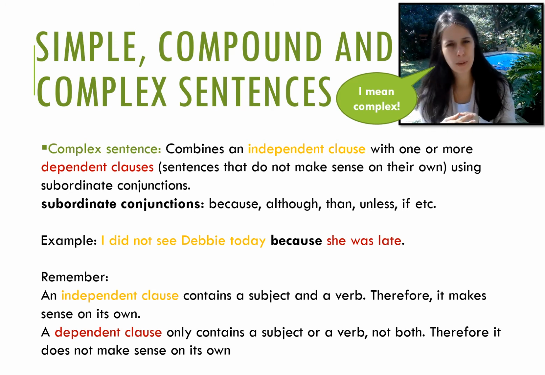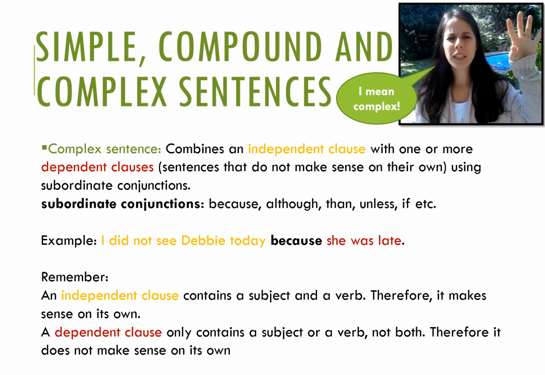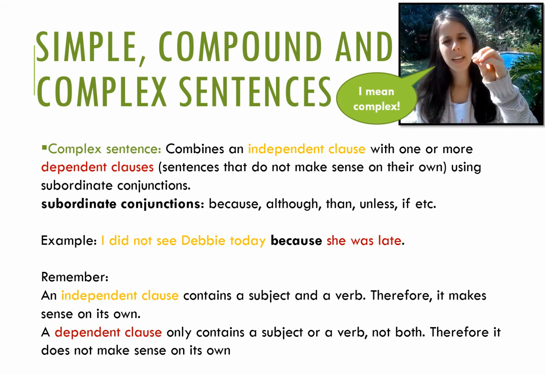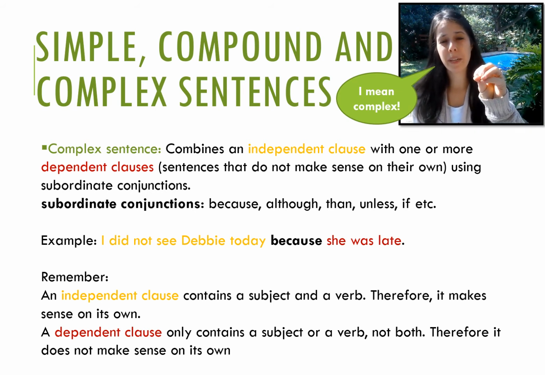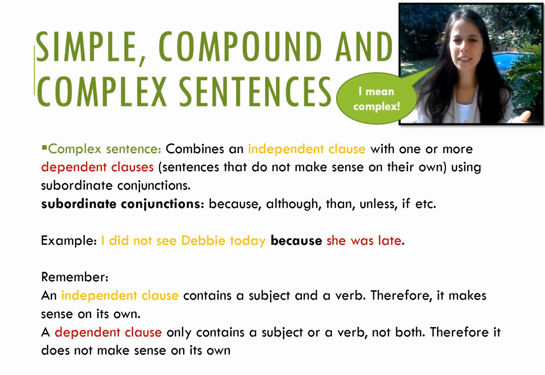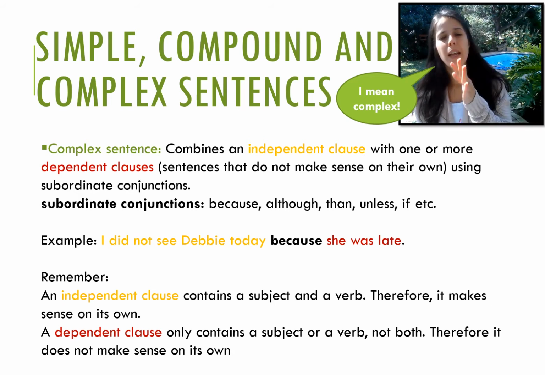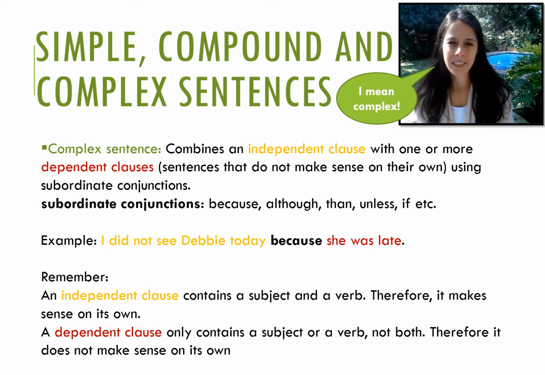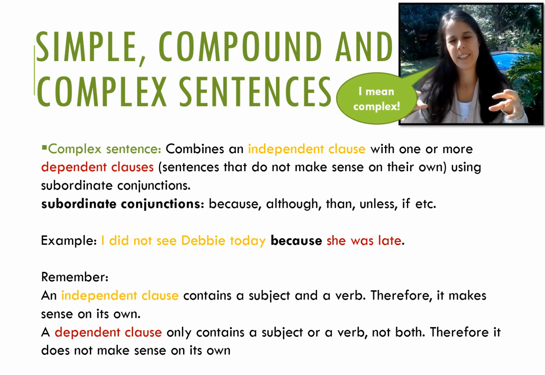Therefore, it does not make sense on its own. Okay, so a simple revision would just be simple sentences are one independent clause. A compound sentence is two independent clauses. And a complex sentence is one independent and one or more dependent clauses. So that's it in a summary.